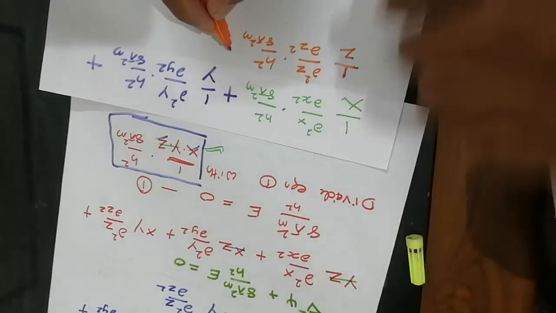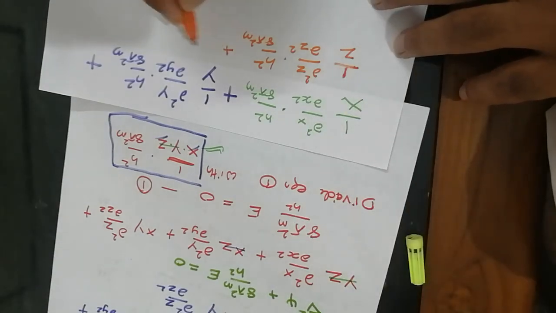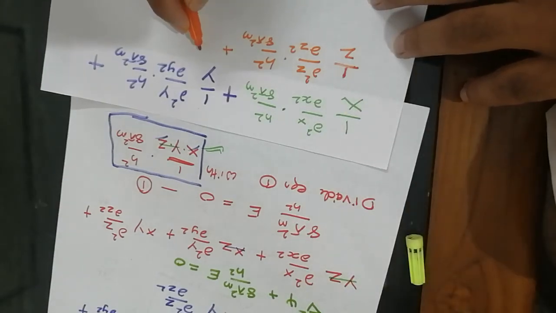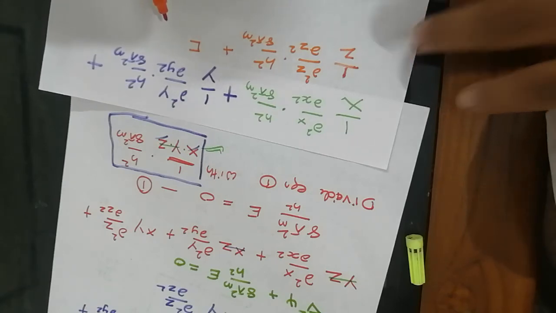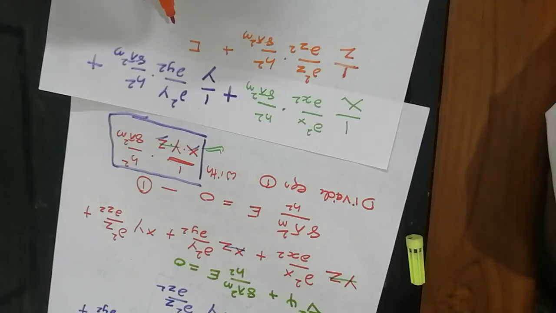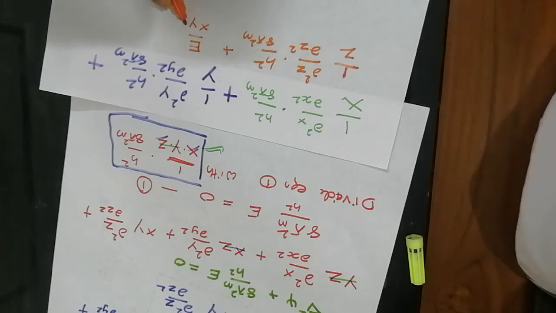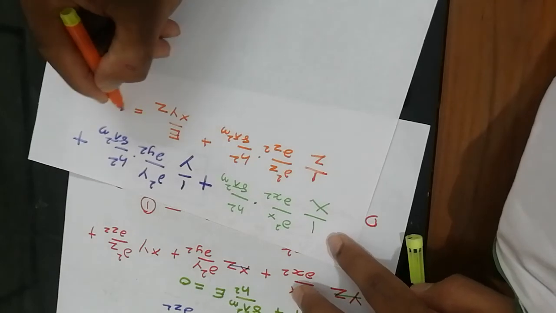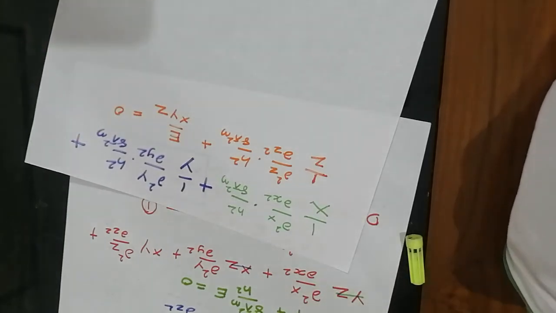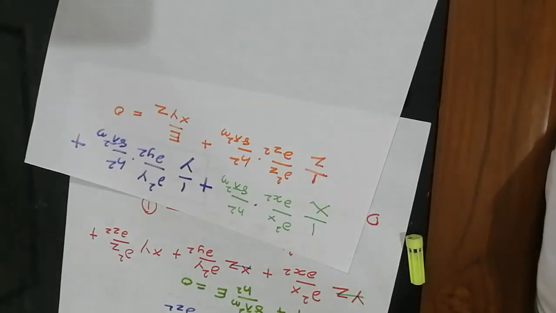Therefore, we are going to divide, and that term will be completely cancelled and x y z. You will get like this, okay, is equal to 0. Ex ey ez.